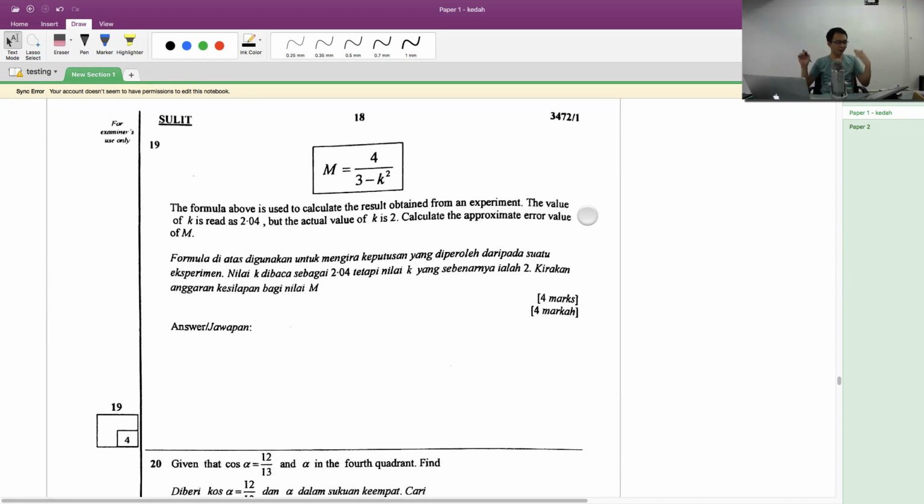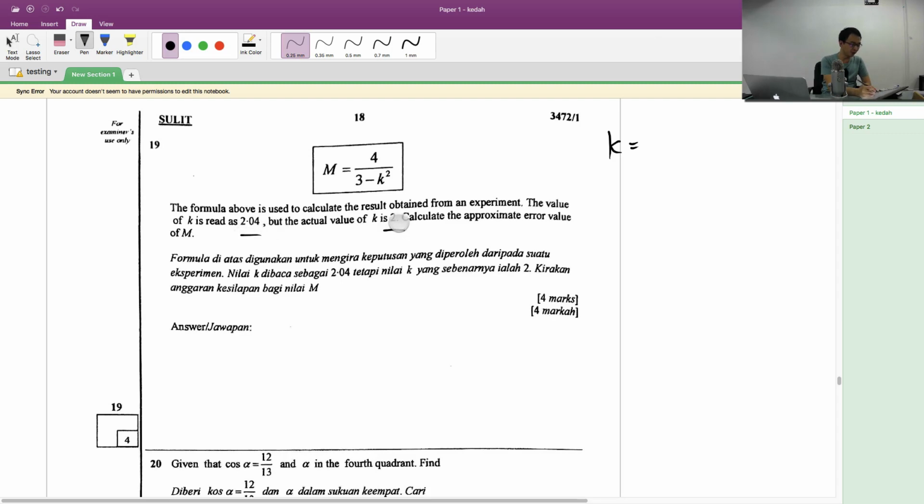The formula above is used to calculate the results obtained by an experiment. The value of k is read as 2.04, but the actual value of k is 2. Calculate the approximate error value of m. What happens here is that k itself has changed from 2.0.